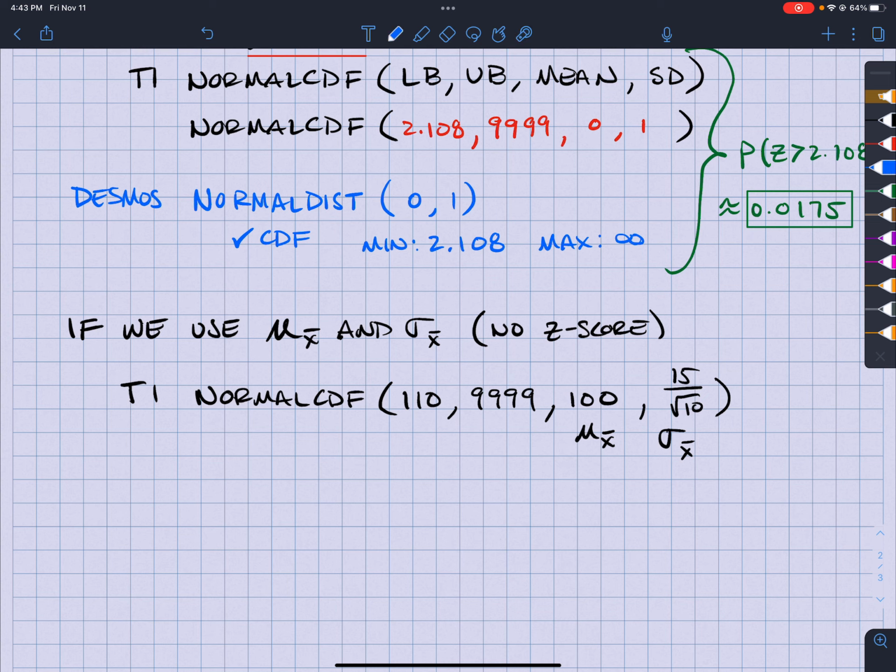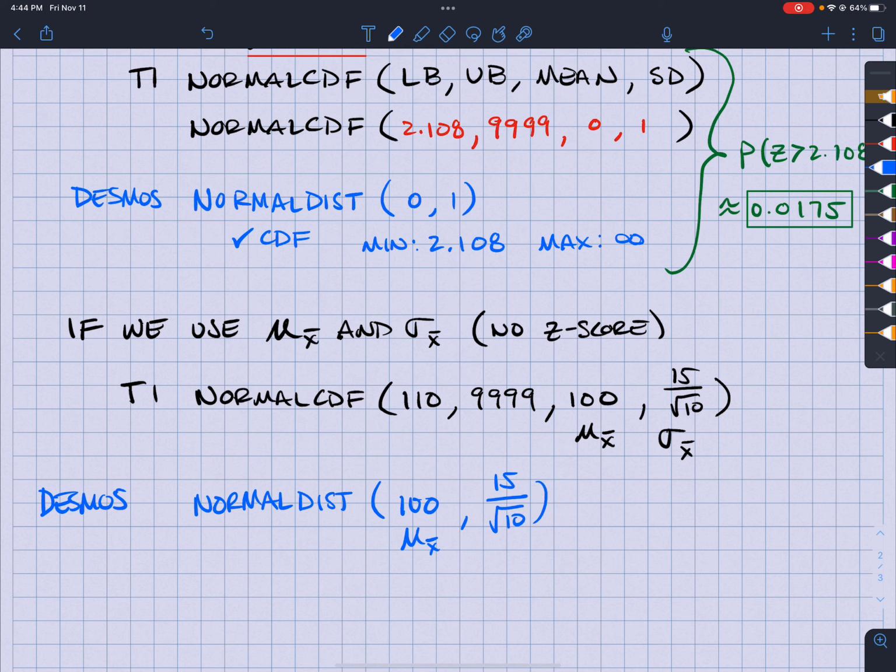And on decimals, we would still use the normal distribution. Now in this case, the mean would be 100 because that was my mu of x bar, comma, my standard deviation, which I would type in as 15 divided by square root of 10, which is my sigma of x bar.